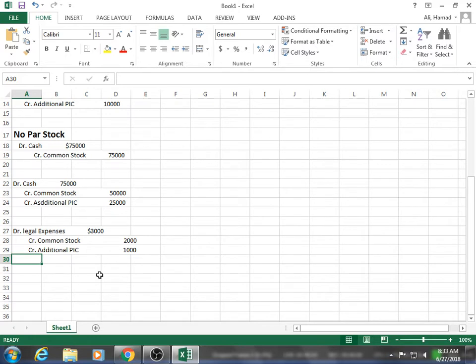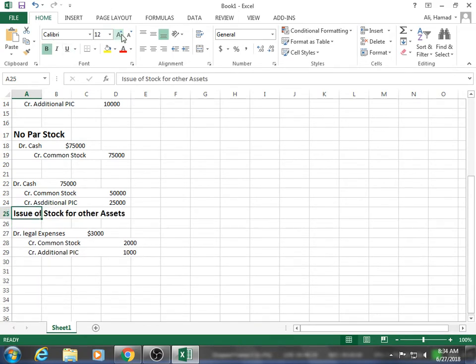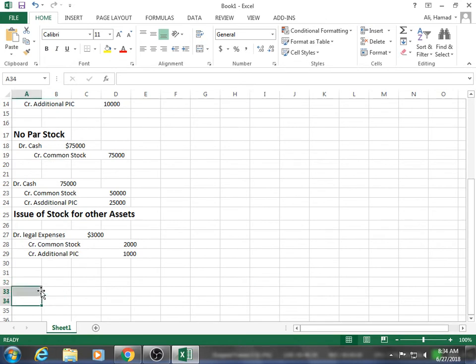Okay. Anyway, let me just put a note here. Issue of stock for other than cash, for other assets. Now, one more example.